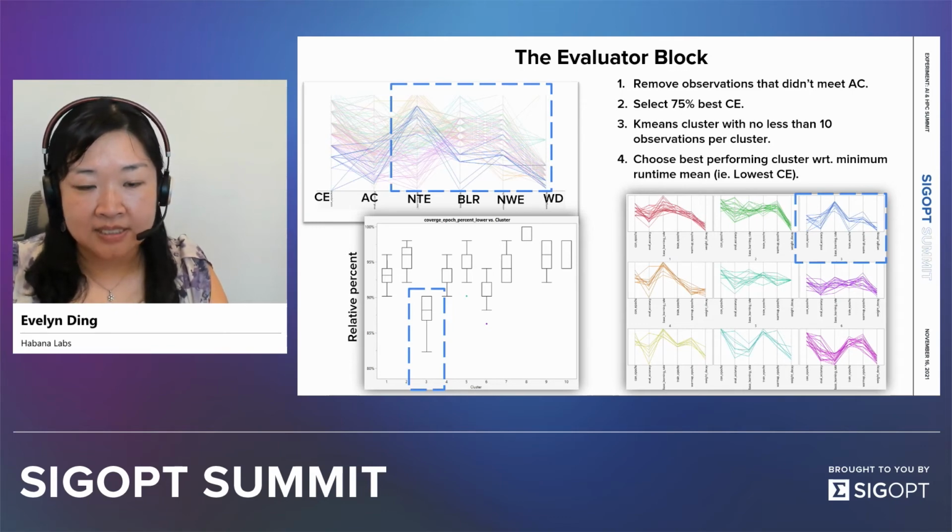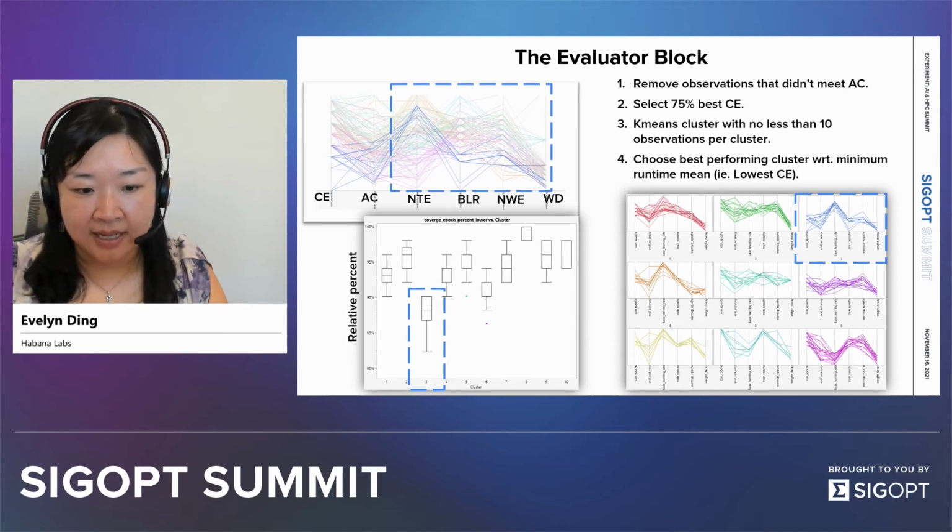Then we split all these good data points of the hyperparameters into different clusters. The baseline for dividing into different clusters is that for each cluster, we keep more than 10 observations. Then we select the best cluster, which is highlighted in the black box on the right-hand side, using the criterion of the minimum runtime mean of that cluster.